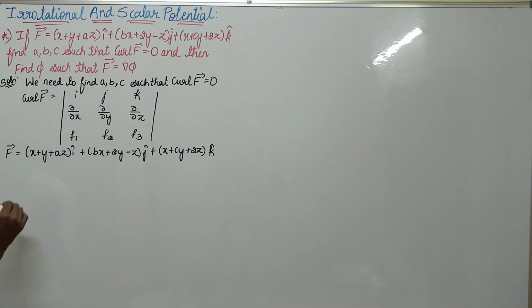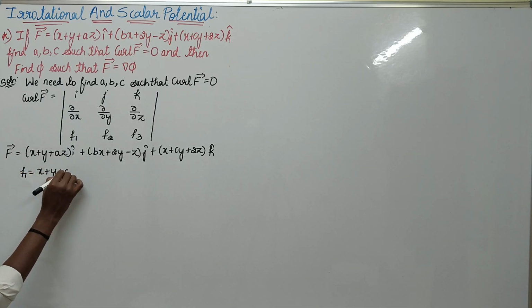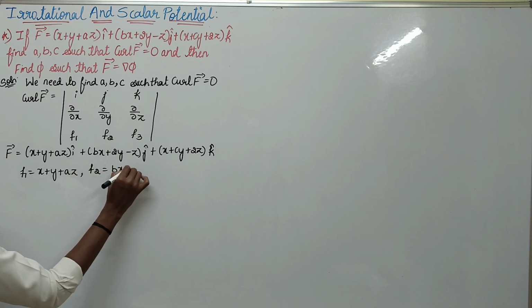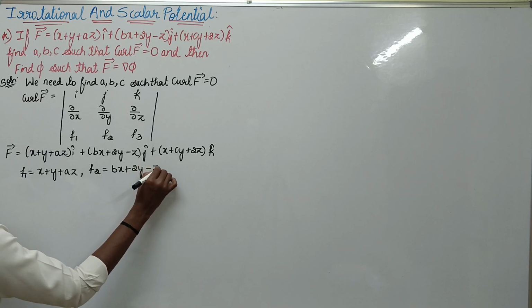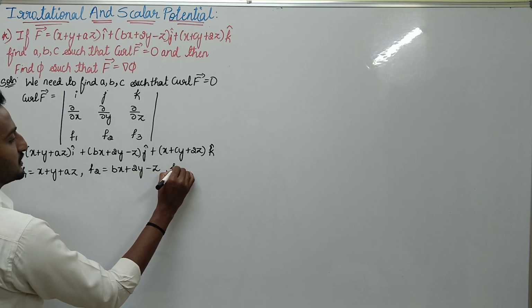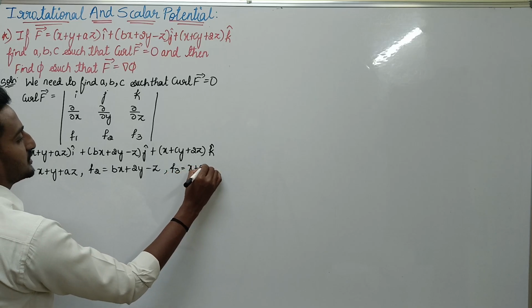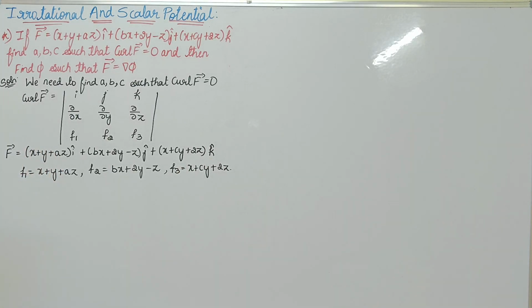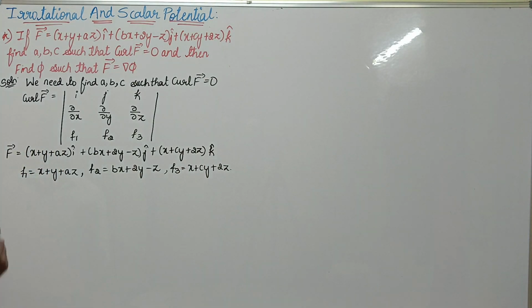Here F1 represents x plus y plus az, F2 represents bx plus 2y minus z, and F3 represents x plus cy plus 2z. Now let us substitute in curl vector f.